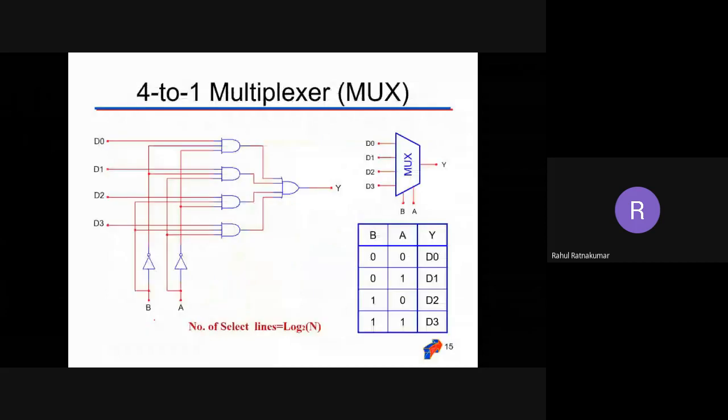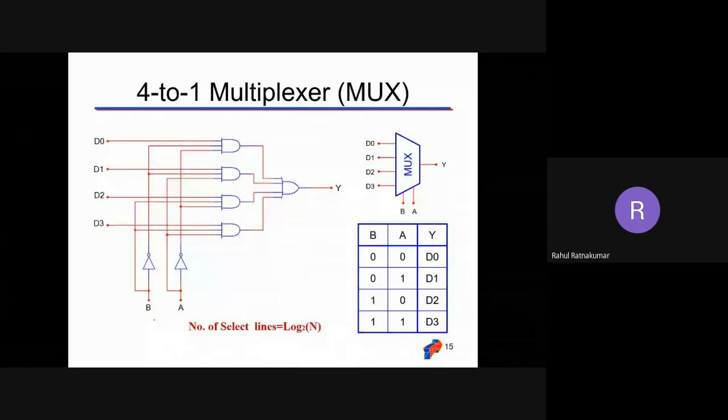Now this is the circuit, the same concept we know, the AND gate. The AND gate is sensitive to 0, and whenever one input of the AND gate is 0, the AND gate is turned off. So this is the principle I'm using in the multiplexer also. Using select lines, I'm going to switch the AND gates on and off.